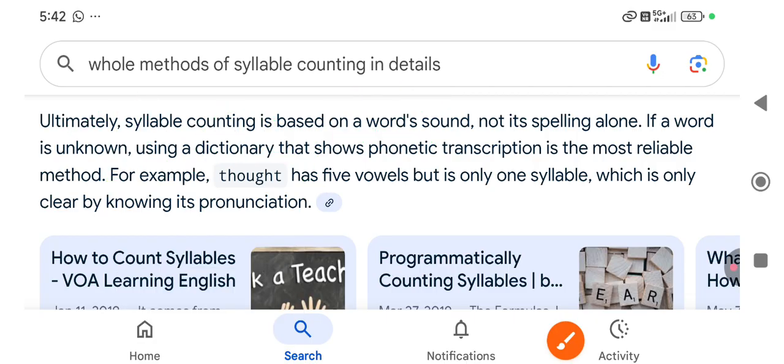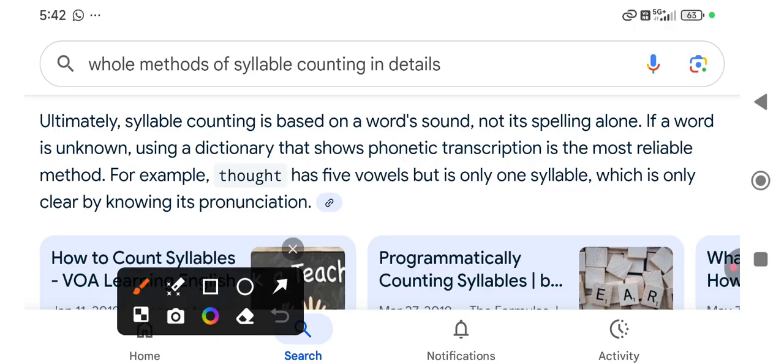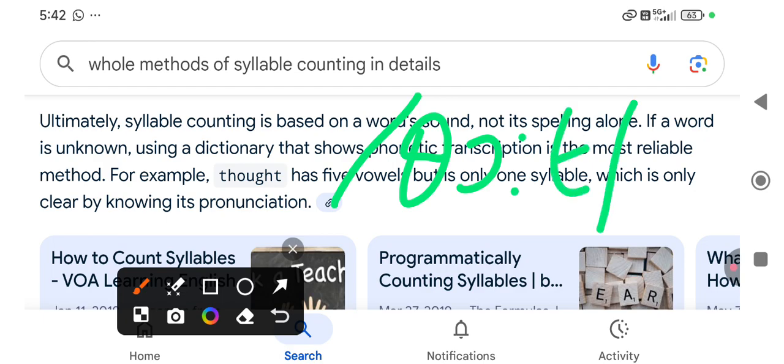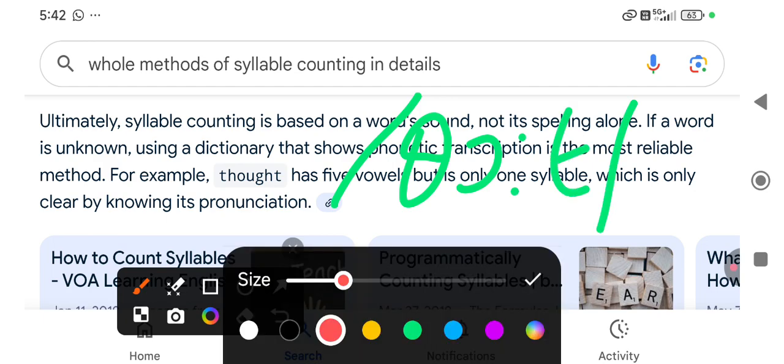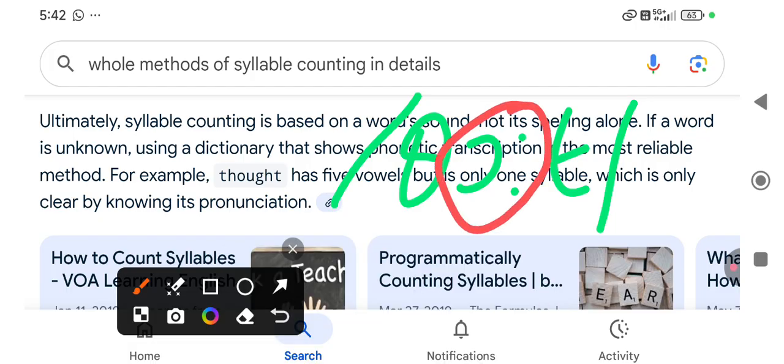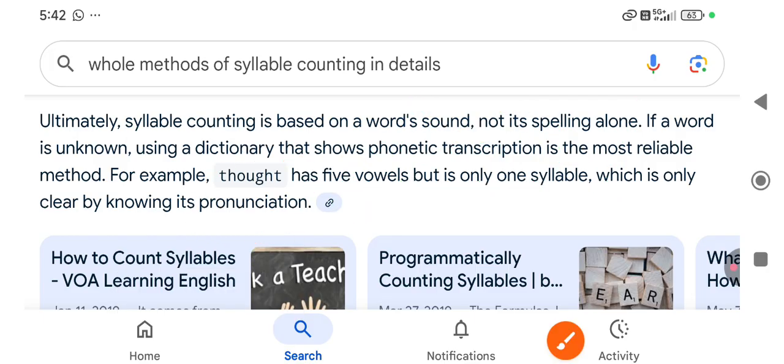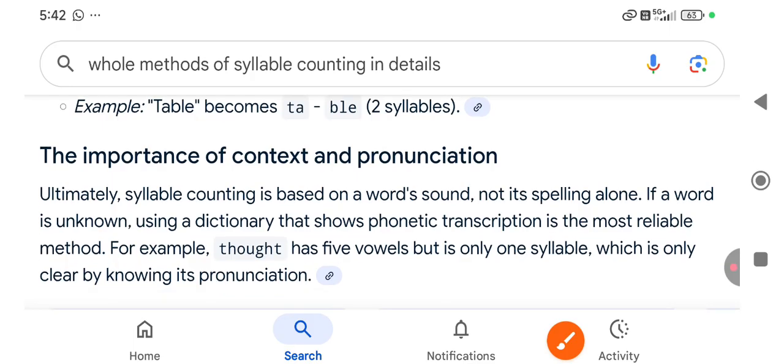But if you do a phonetic transcription of thought, whatever the spelling, how many vowel sounds are used? One. So this word is a one syllable word. That is what I tried to explain.